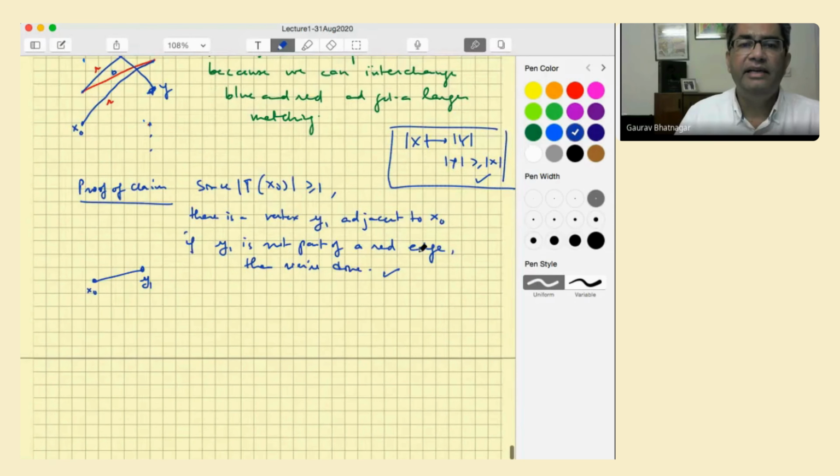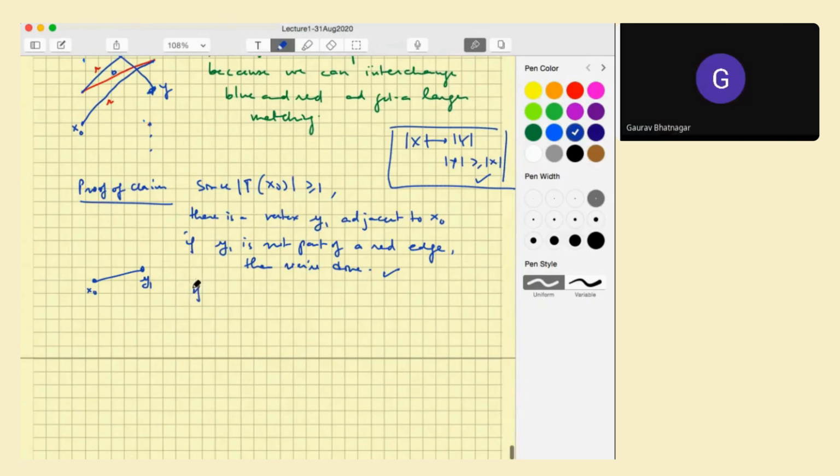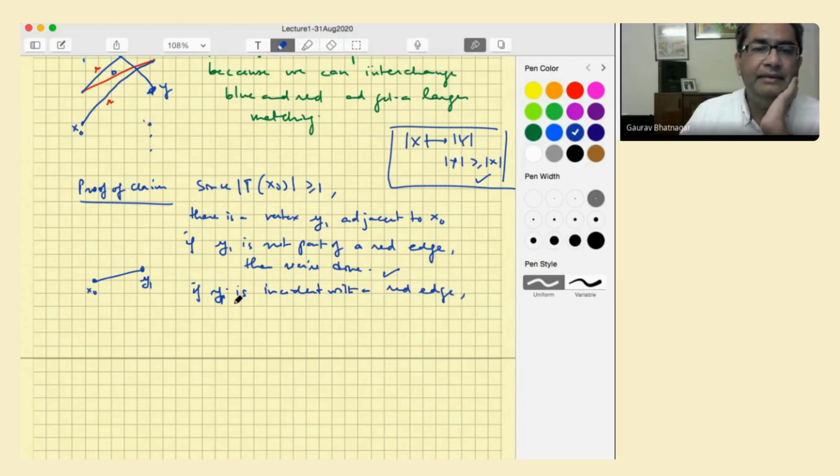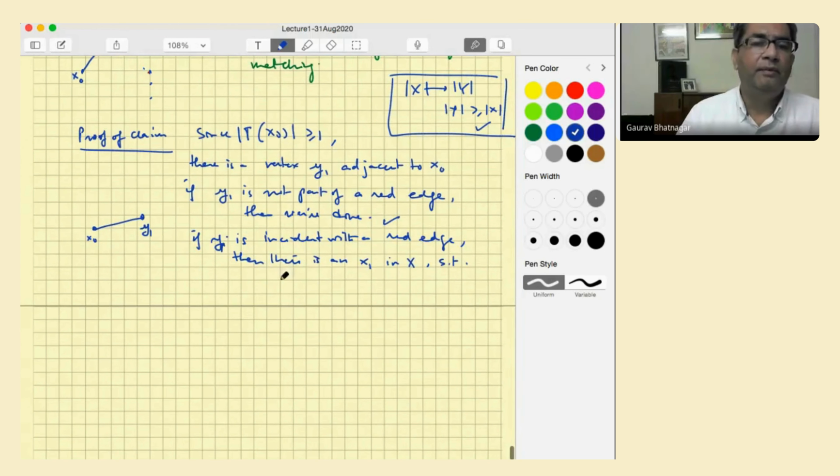If this happens, however, if y1 is incident with a red edge, then there is an x1 in X such that x1 y1 is a red edge.